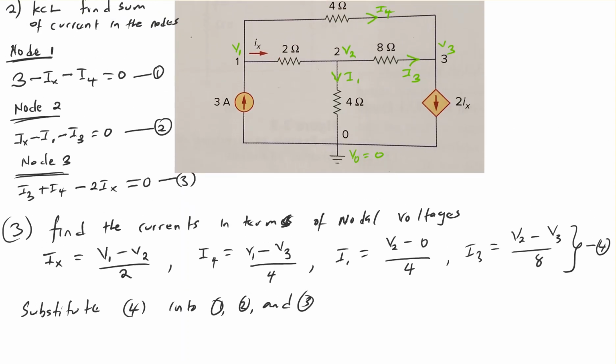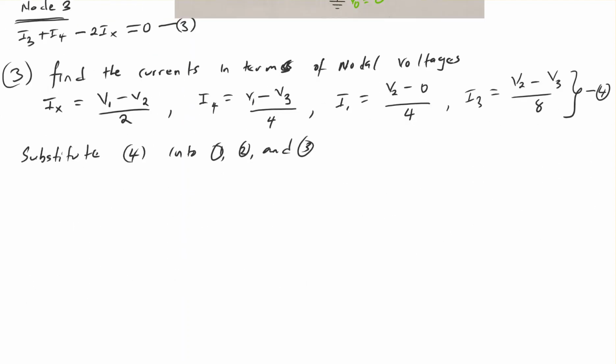In equation 1, we have 3 minus Ix minus I4 equal to 0.